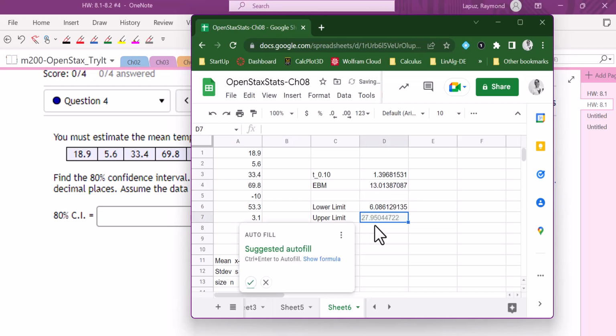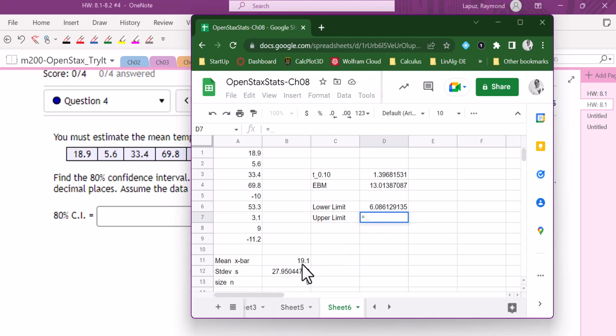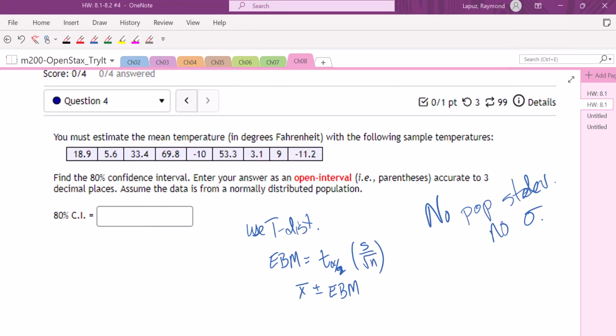And then I'm not trusting the autofill here, so I'm going to do it myself. I'll say equals the mean, plus the error bound, which gives us 32.1138. So this is going to go from 6.086 to 32.114.